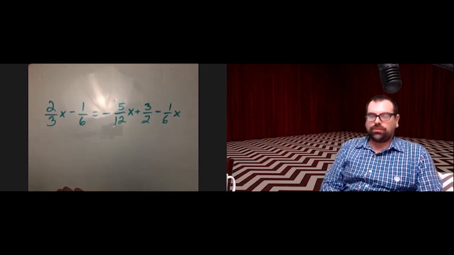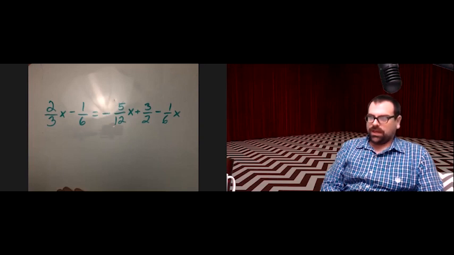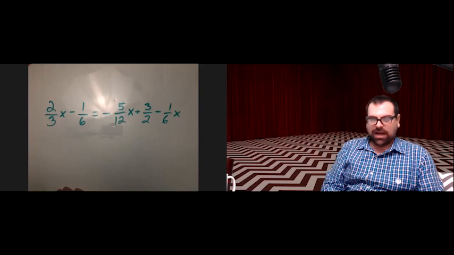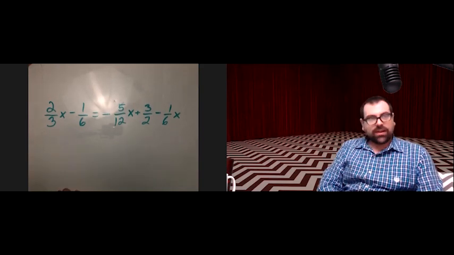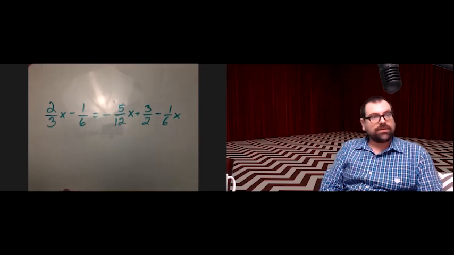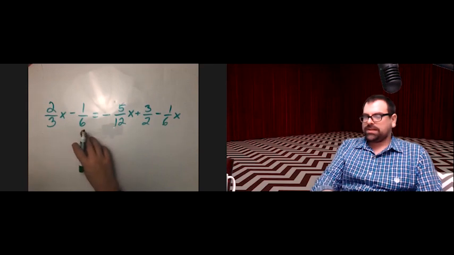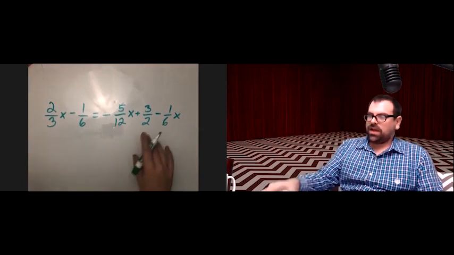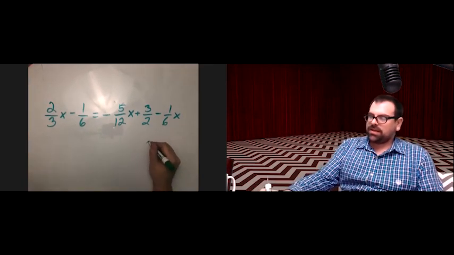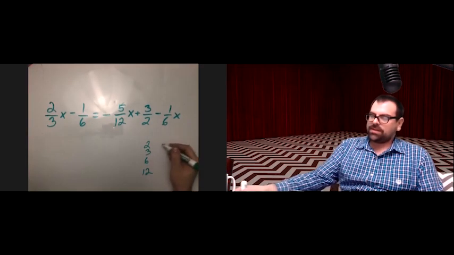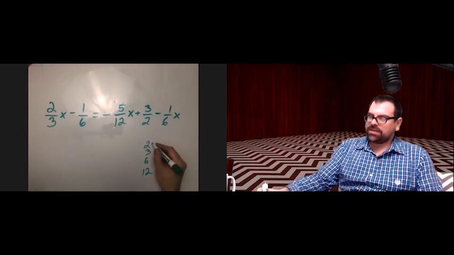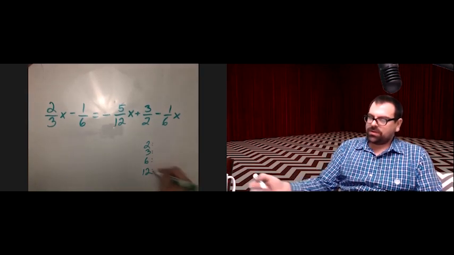What we can do working with fractions, since we know we're going to need to be adding and subtracting, is start by giving everything a common denominator. So for 3, 6, 12, and 2, we would need to find a number that is in common to all of the lists of multiples.